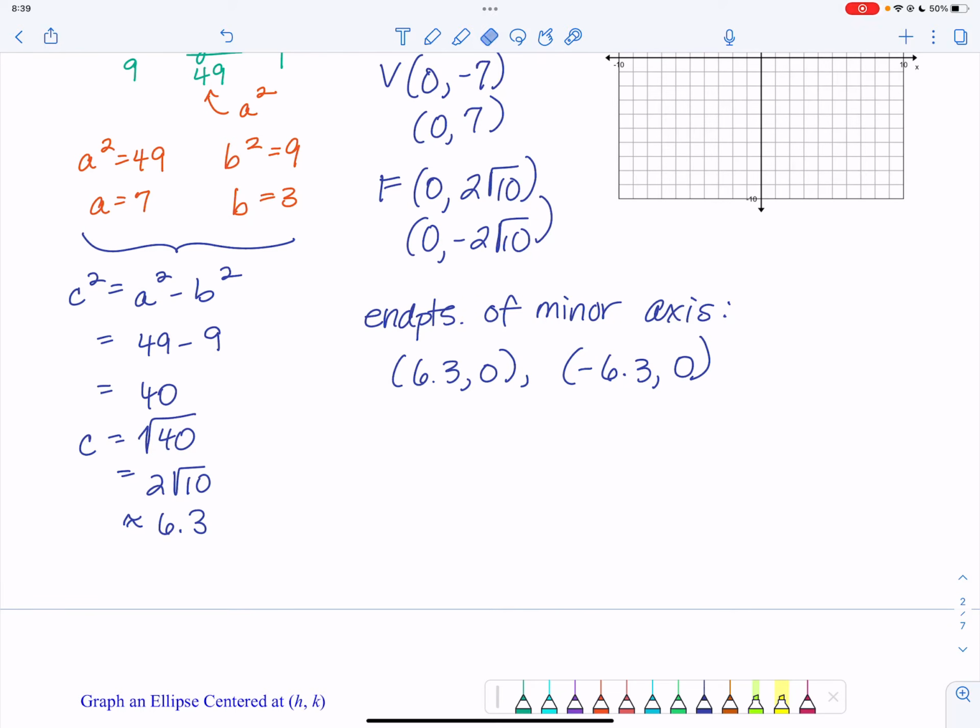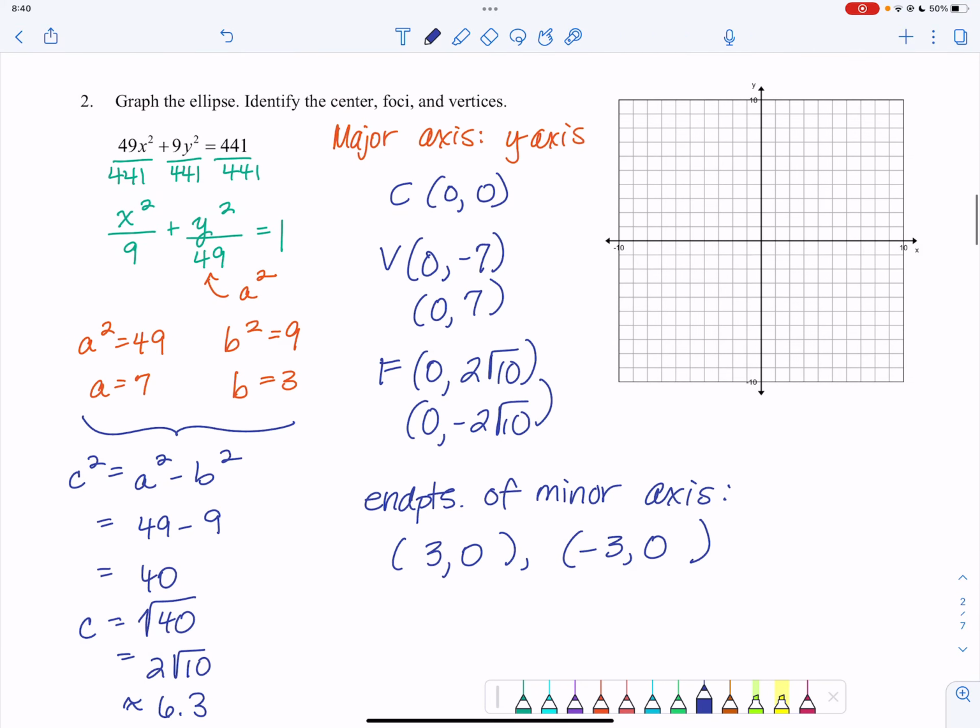Whoops, that's not right. It's supposed to be b. I was doing the foci. Okay, so we have (b, 0) and (-b, 0).